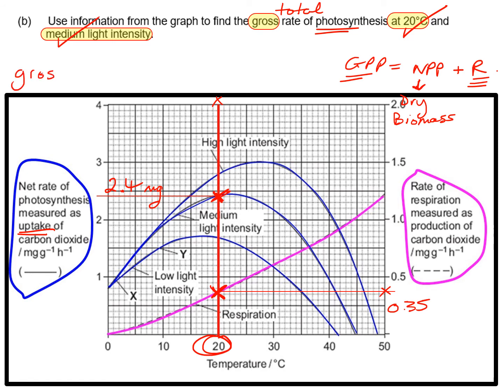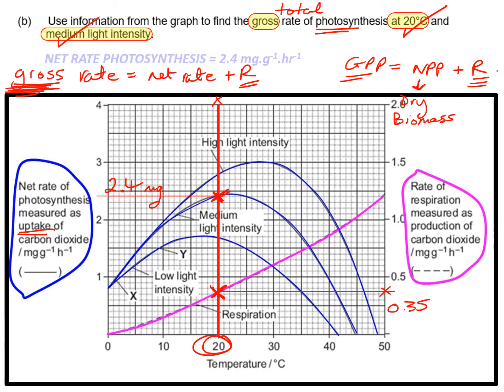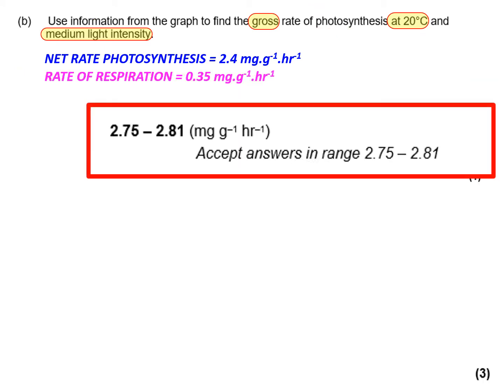So gross rate equals the net rate plus respiration rate to get the total rate of photosynthesis. So we're going to take 2.4 and add that to 0.35, and if you add those two values together, the answer was 2.75 for 1 mark. Now they did accept a range of answers up to 2.81, but you should have got 2.75 or something slightly above that.